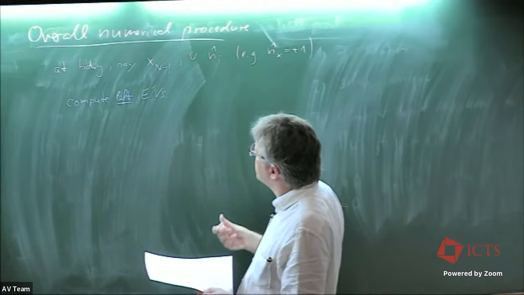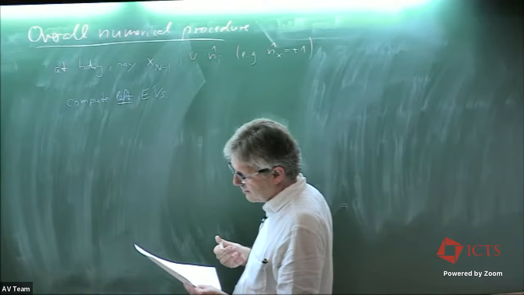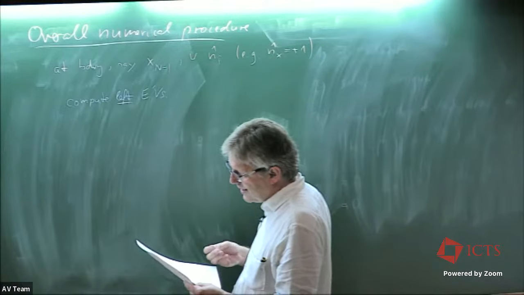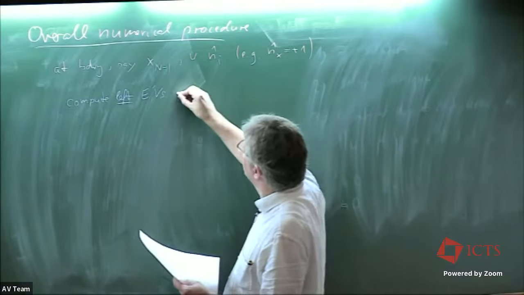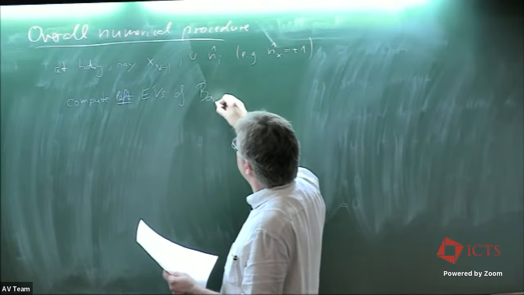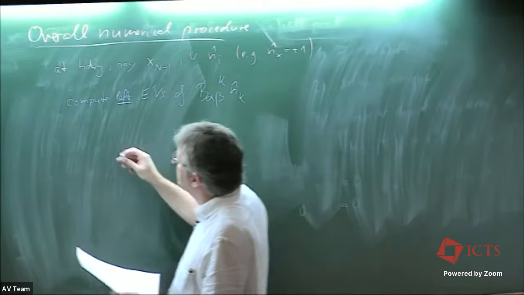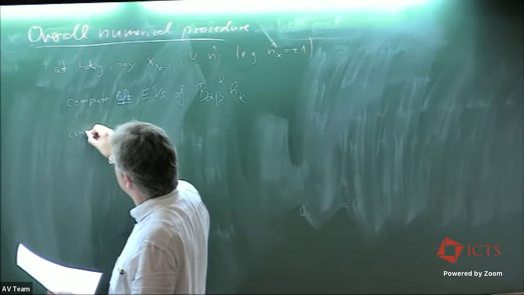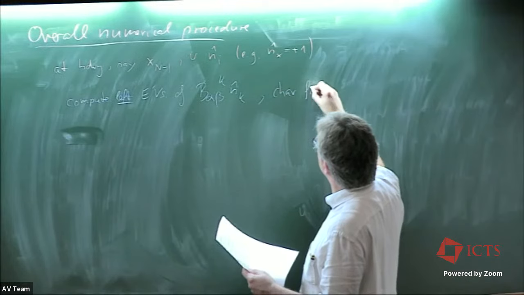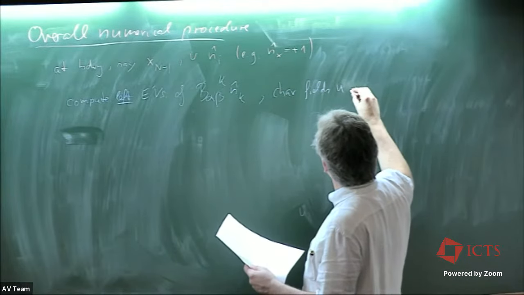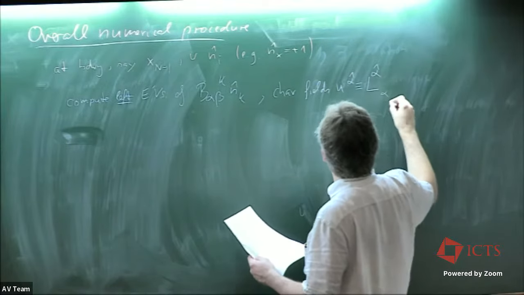For the scalar wave, then, of your derivative matrices n hat k, you then compute the characteristic fields, or with the eigenvectors come the characteristic fields. U alpha hat equals L alpha hat alpha U alpha.